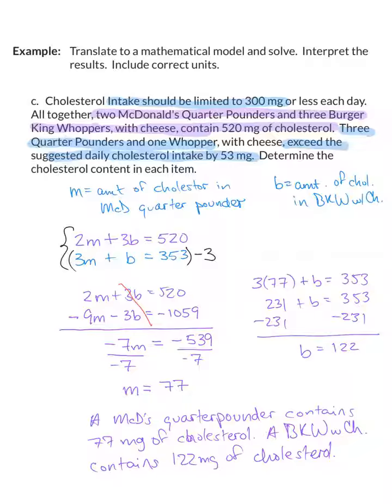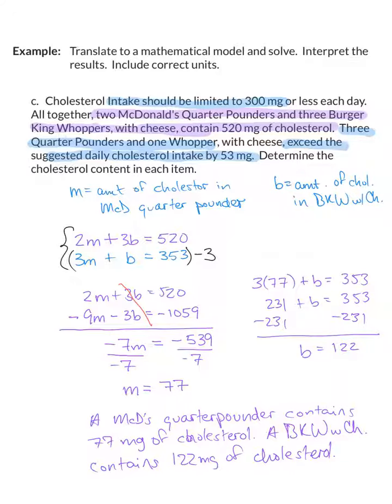And we're done. So hopefully this is a little bit easier to translate. And it's just a matter of reading through, again, determining what you're looking for, and trying to figure out how to translate the given information.